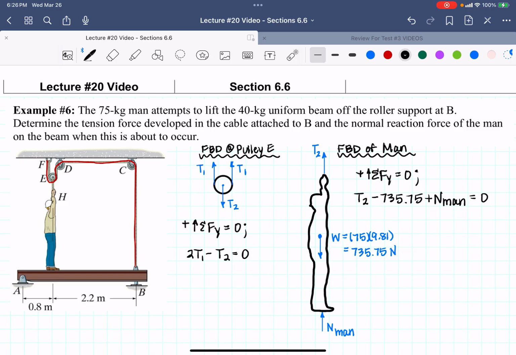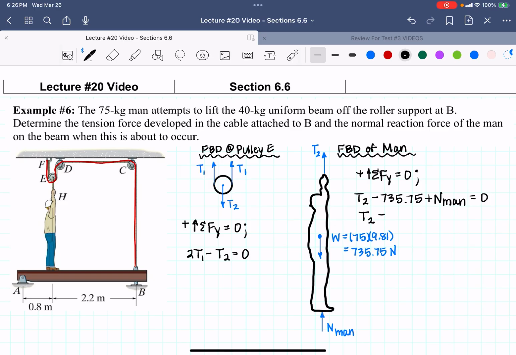I'm going to rewrite this because I'm going to end up with 3 equations and 3 unknowns. So I'm going to redo this so we can do this in the matrix form that we did earlier in the semester. So I'm going to rewrite this and move the 735.75 to the other side.